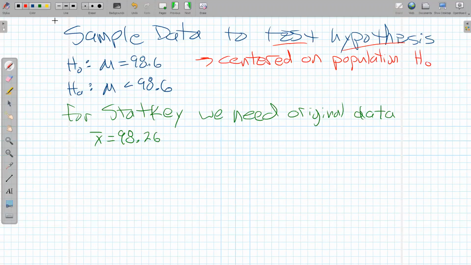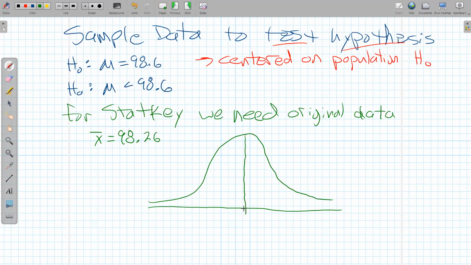So I'm going to start drawing my rough sketch of what's happening here by drawing my best bell-shaped curve. And unlike a confidence interval, where we put the 98.26 in the middle, with a hypothesis, we put the population value. So we're going to put 98.6 in the middle.